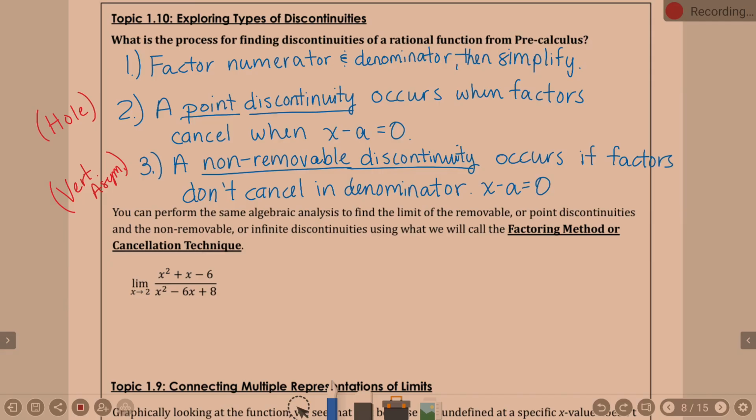So I just used the words non-removable discontinuity and point discontinuity. Back in pre-calc, maybe algebra, we didn't use the word point discontinuity, if you recall. That one was a removable, if you need to remember what that vocabulary was. I feel like it's not out of the realm to see removable also thrown into calc stuff.